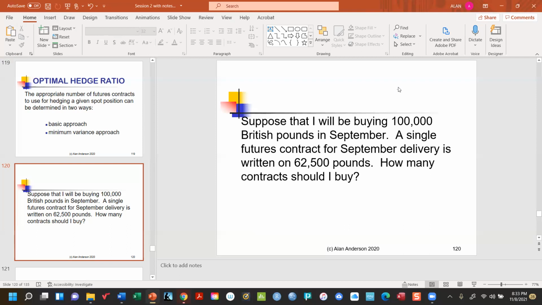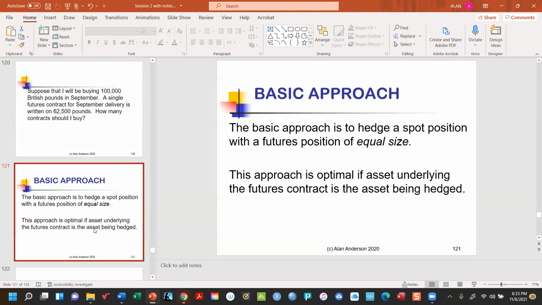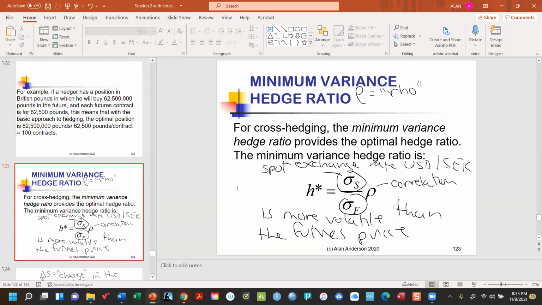So you might think that we're just going to match it up exactly, but here's what we're going to do. The basic approach is to hedge a spot position with a futures position of equal size. That would be the ideal, but it's not always possible to do that with these futures contracts. So what do we do about it?